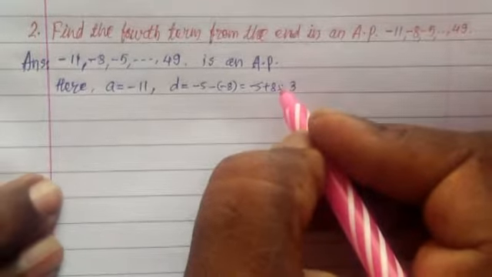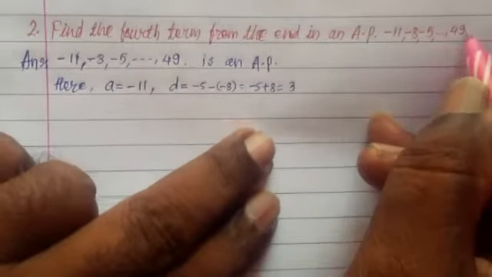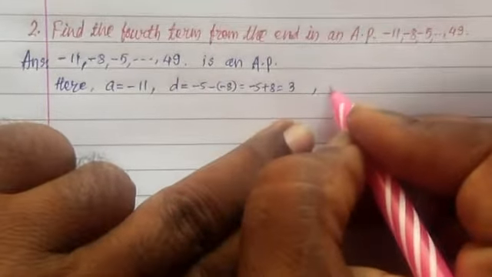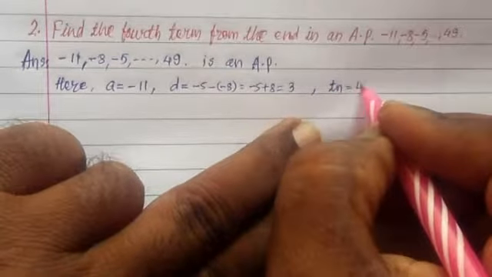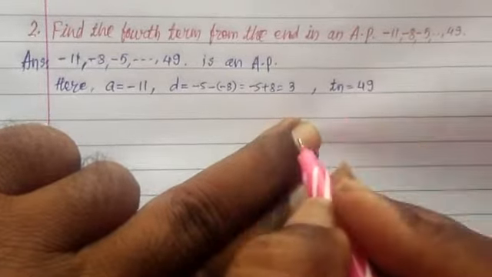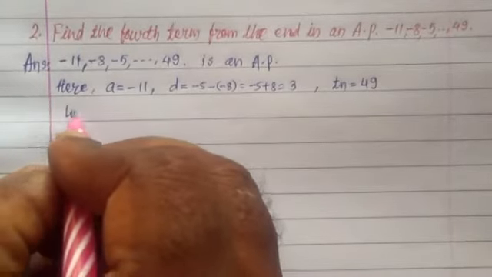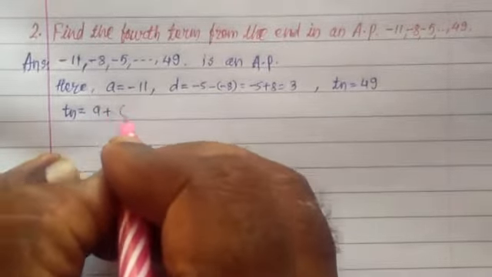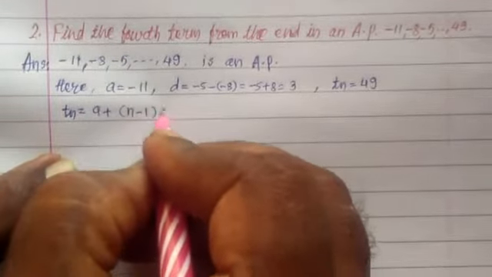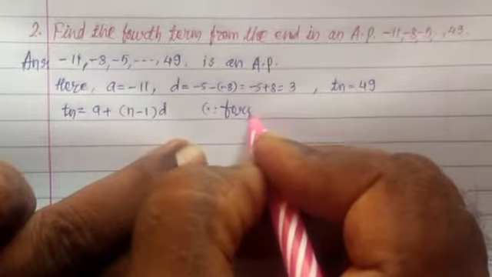Now here Tn is also given, means Tn is equal to 49. Now we know the formula Tn is equal to A plus n minus 1 into D. This is the formula.